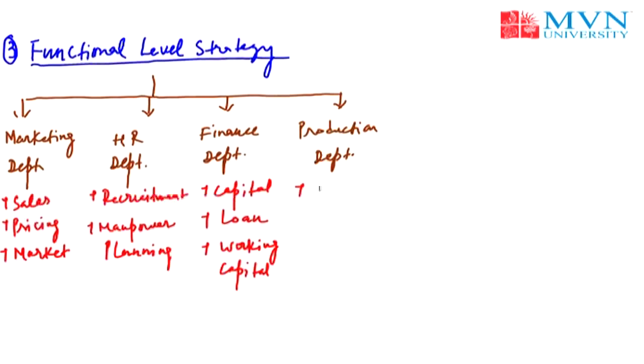The production department looks after stock maintenance, productivity, and it follows different rules like LIFO, FIFO, last in first out, first in first out, maintenance of stock. So these are the departments which help to continue the business.